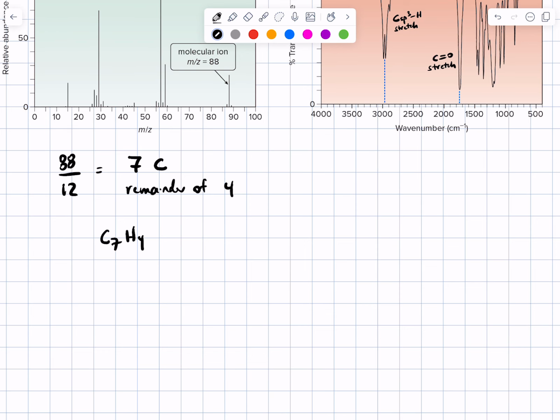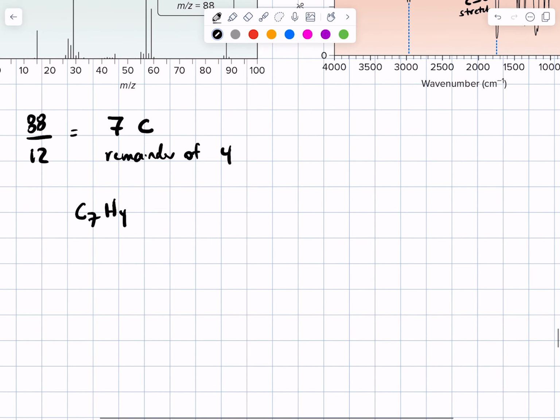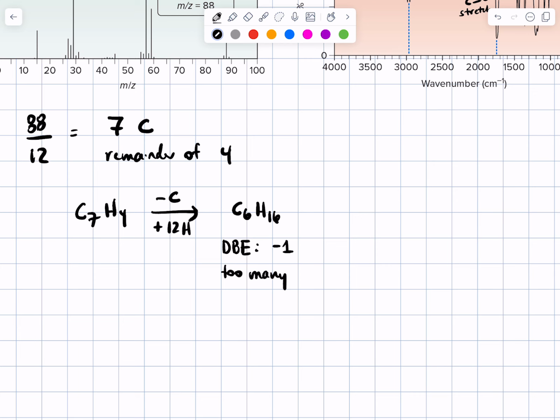So you start to try to tease this out by saying, okay, what if in this formula we replaced one of the carbons with 12 hydrogens? We'll still get 88 molecular weight. That would be C6H16. That's also unreasonable. If you calculate double bond equivalence or degrees of unsaturation there, you get -1, which tells you you have too many hydrogens.